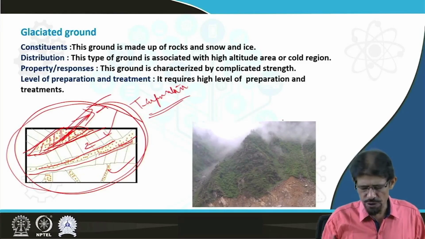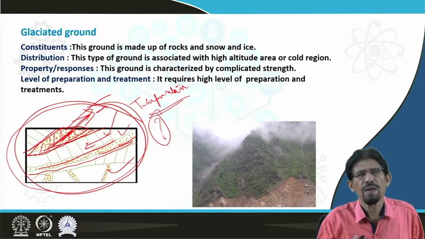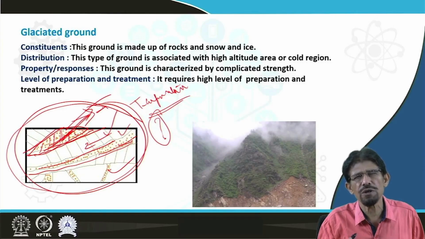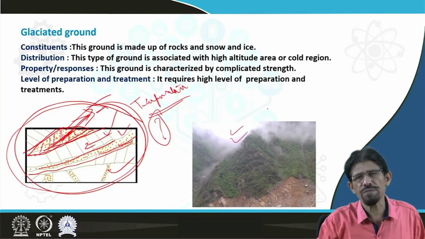So this type of ground is still a challenge to us in solving different problems concerned with stability of natural slopes, foundations, creation of underground structures and a variety of ground control problems. Here we can see photographs representing this area, located near the Satopanth Glacier and Badrinath area.